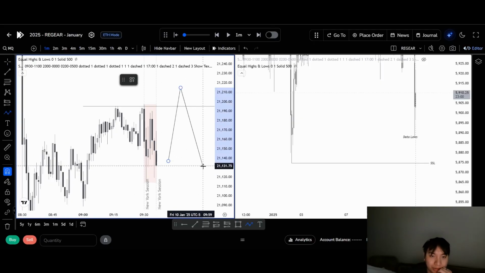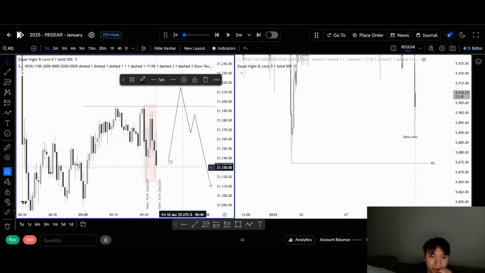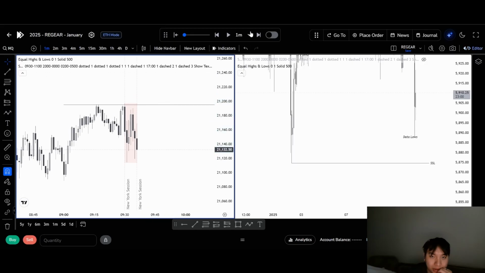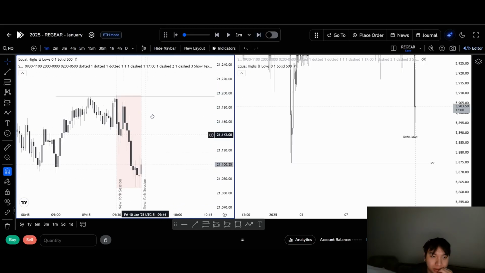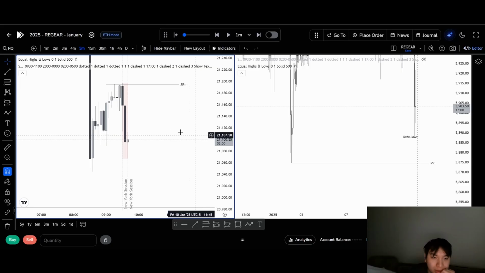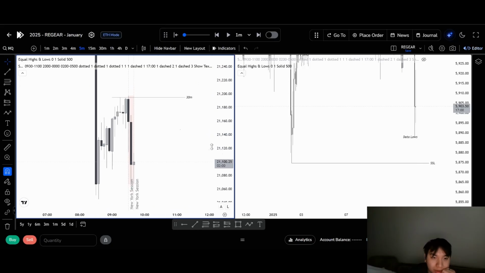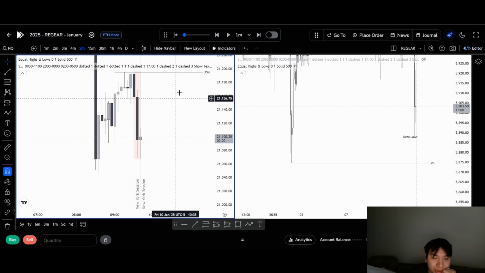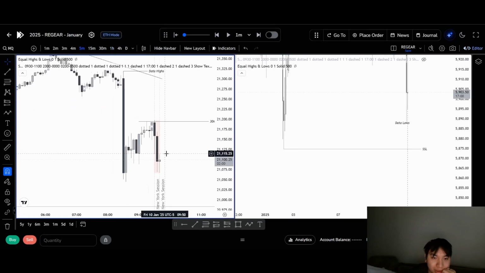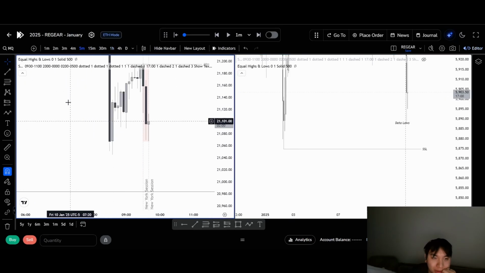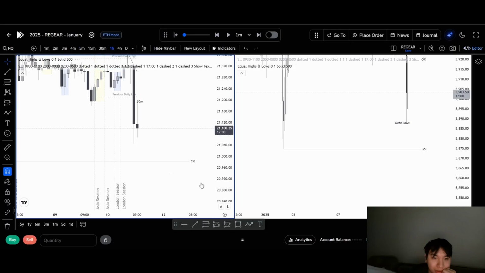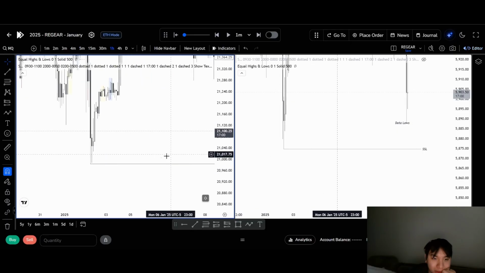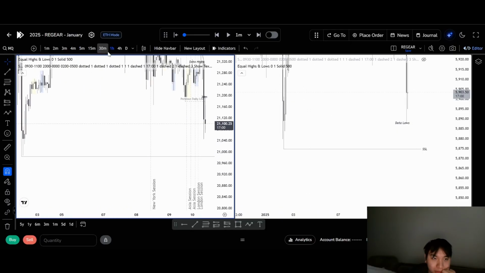Ideally, I want to see a resweep and then continue lower, or a continuation short off of this because we're still in this 15-minute. We're displacing lower. We're about to hit sell side. Sell equities right here. Is this within any gap? Nope.